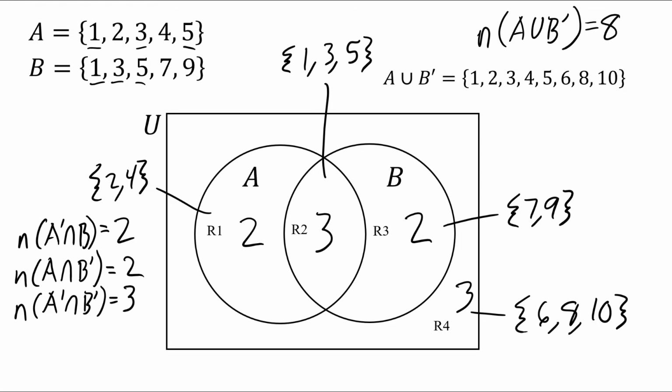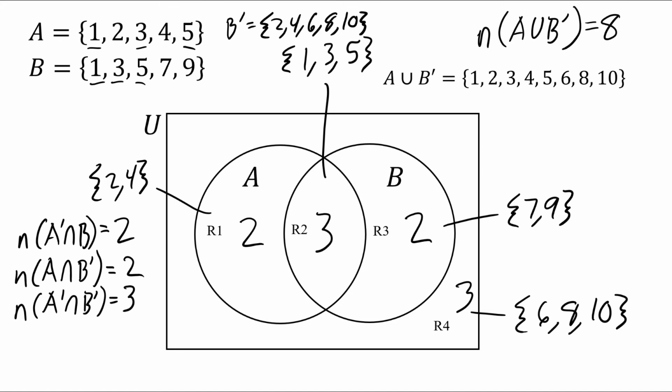And I've got those 8 elements listed here. So A union B complement, that's anything that's in A together with anything that is not in B. So A, remember, was 1, 2, 3, 4, 5. B complement was 2, 4, 6, 8, and 10. And so the union, we just put those things together, everything that is in both of those sets together.